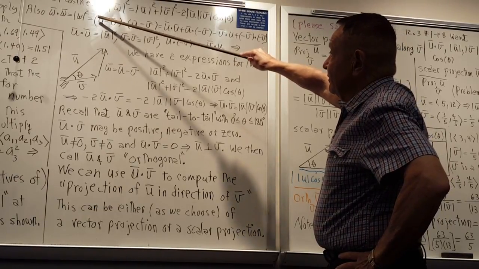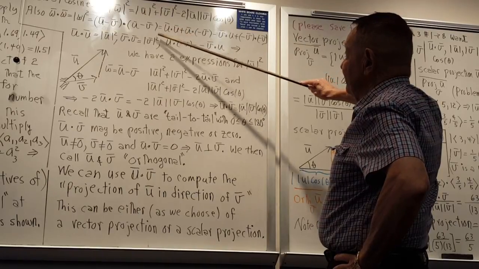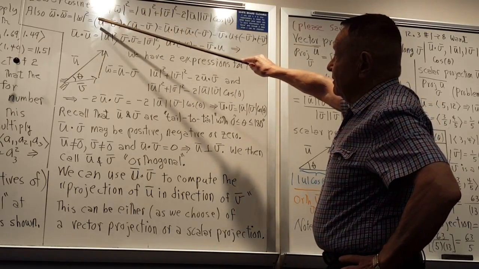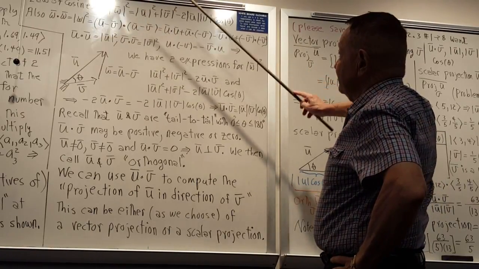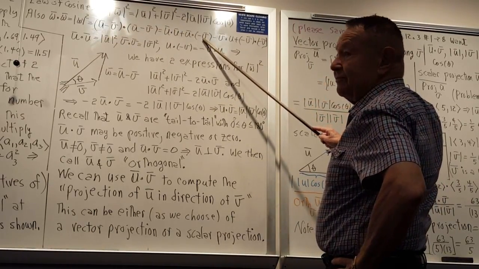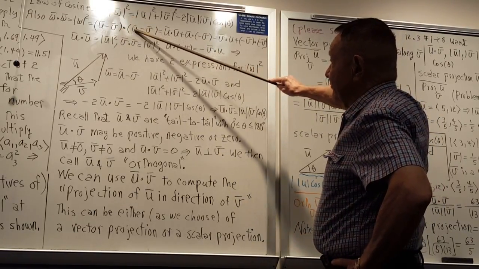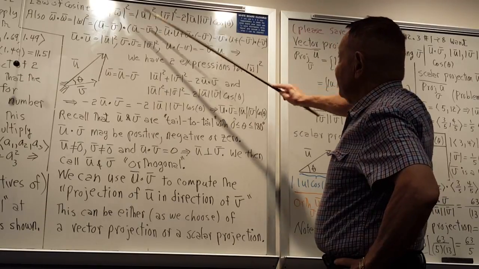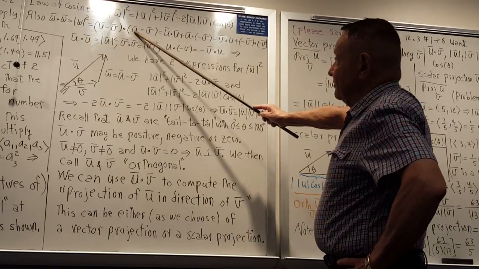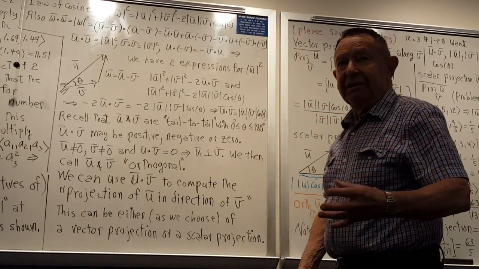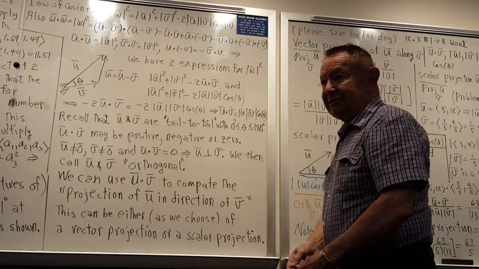You'd have the first dot product with the first, U dot U. You'd have the first one dot product with the second one, so that would be U dot minus V. And then you'd have the second one dotted with the first one, minus V dot U. This is just how you do FOIL in algebra, multiplying two terms by two terms.